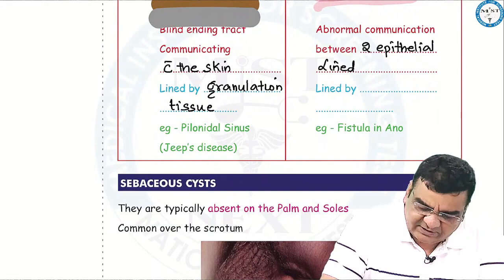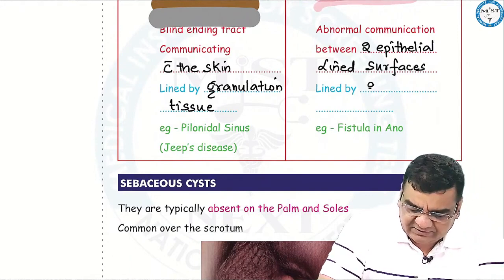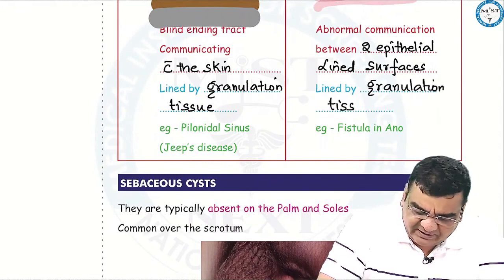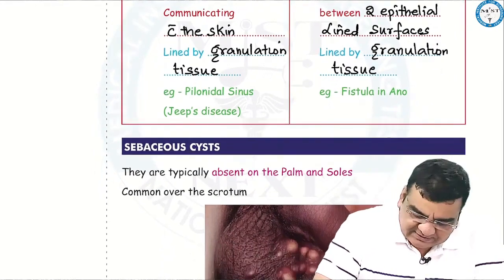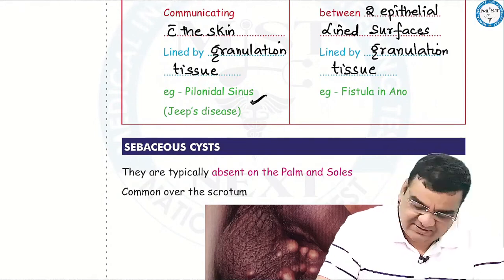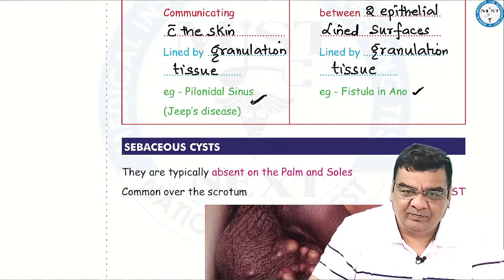And this fistula itself is lined by granulation tissue. The classical examples, pilonidal sinus, which we call as Jeep's disease, and here for fistula, fistula in ano, right?